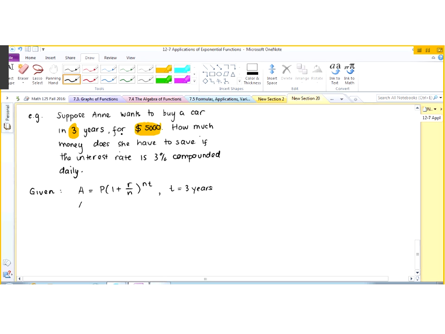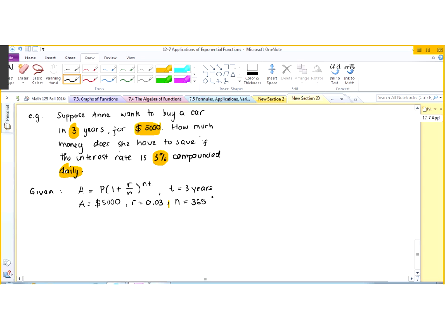In 3 years it is 5,000, so it's not the present value, right? It's the future value. So A is 5,000. And what about these 3%? R is 0.03 and compounded daily. What letter? N is 365.